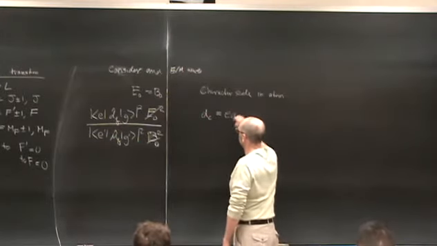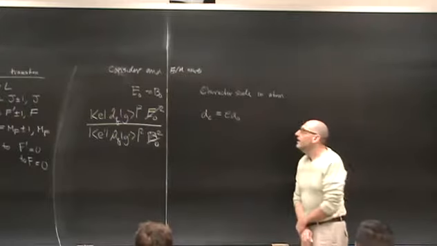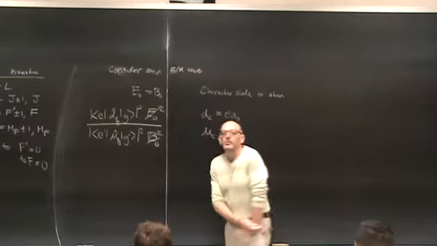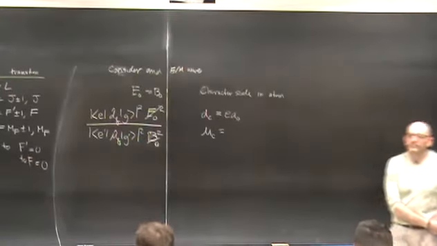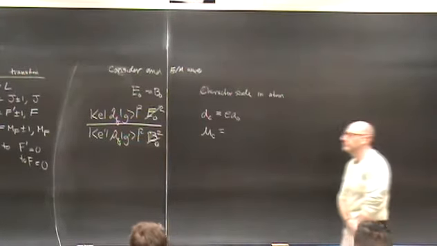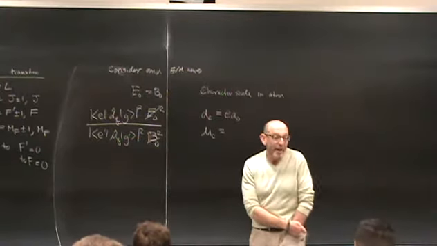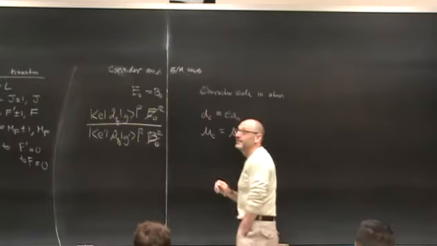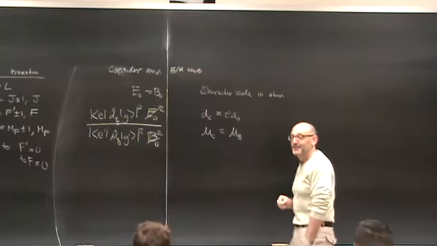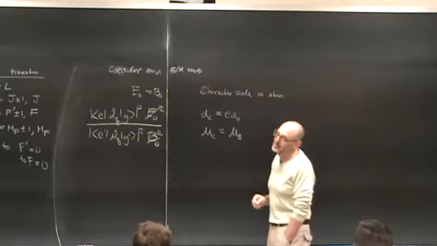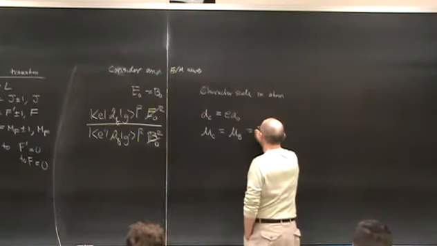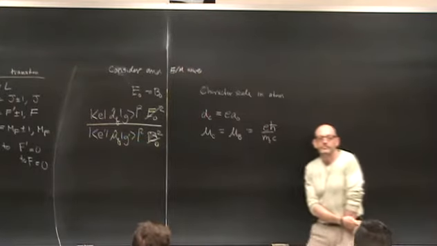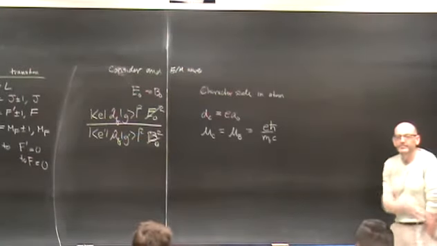Yeah. And what's the characteristic scale of a magnetic dipole moment? It's a Bohr magneton, right? We did this problem in the first homework. It's e h bar over the mass of the electron times c. Factors of 2, whatever.